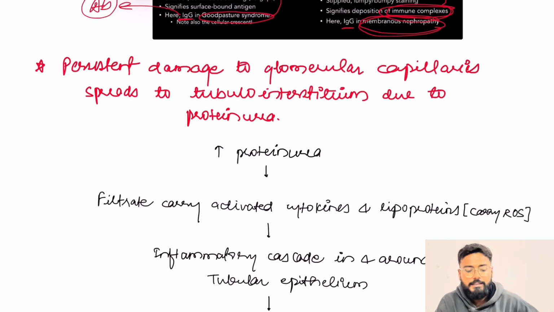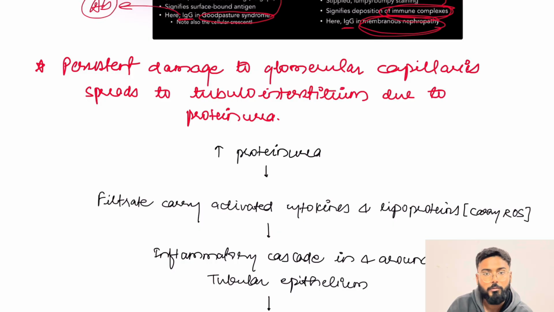Now see, whenever there is persistent damage to your glomerular capillaries, how is this damage to the glomerulus going to spread the same pathology to your tubules? Because the affected part was your glomerulus, it was inflamed.